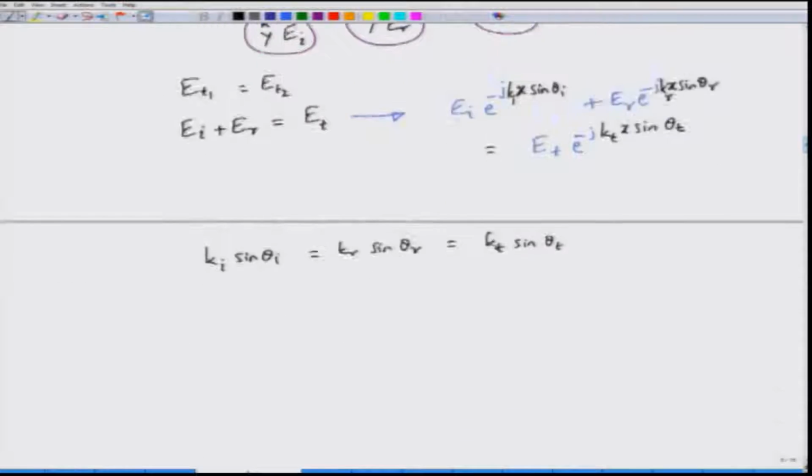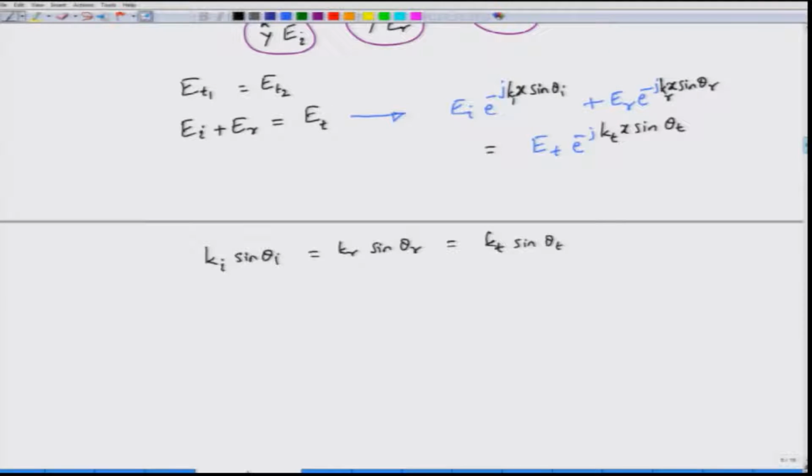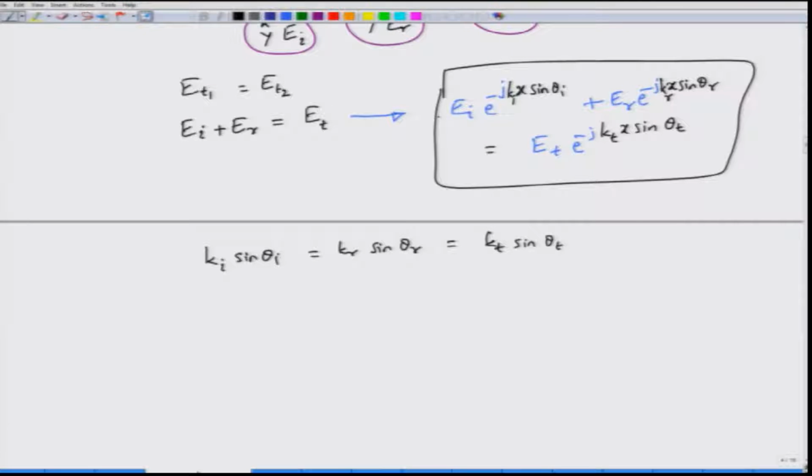Okay. So, each of those phase terms has to be equal to each other, so that no matter what the amplitudes EI, ER and ET are, the boundary condition has to be valid. So, in order to make this boundary condition hold for all values of x, and for all values of EI, ER and ET, this should be equal.